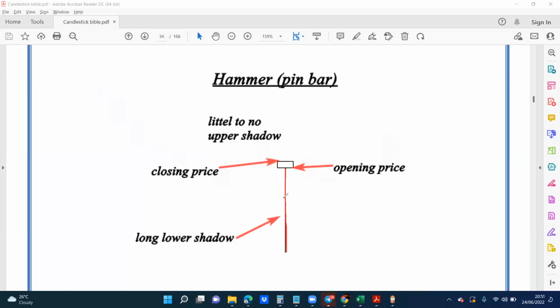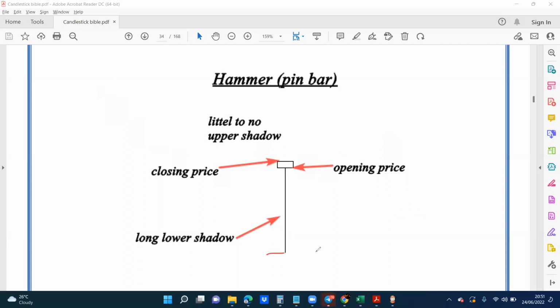Technically, I say a candle can be called a pin bar if the tail or the wick is at least 2 to 3 times the body, right? If the tail is at least 2 to 3 times the body, I will pass it for a pin bar. If the tail is beneath, it is a bullish pin bar.